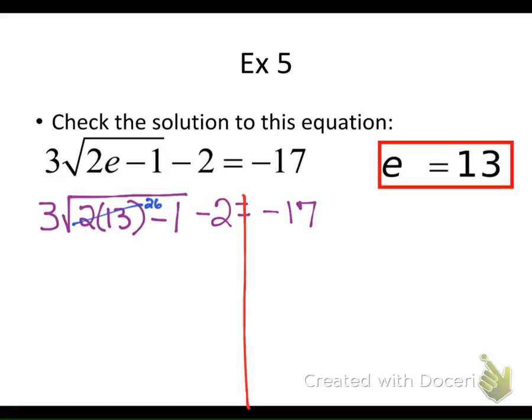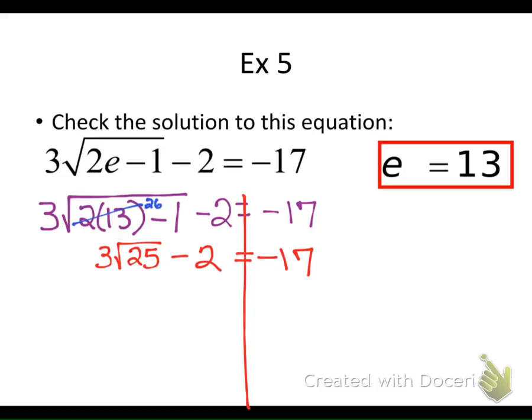No. So what you're going to do, bring down your 3, bring down your square root sign, because we have not simplified that square root yet, and then I need to bring down my minus 2. Okay? Now, I'm not finished with my square root yet.